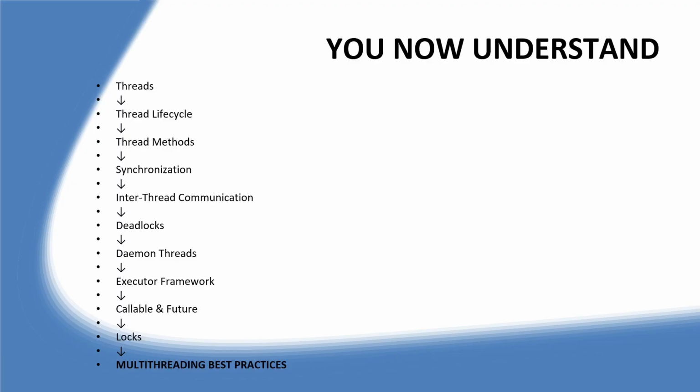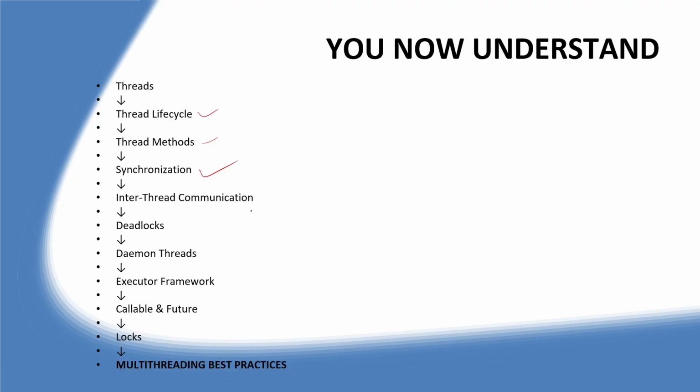We have now covered the major foundations of multi-threading in Java. We started by understanding what threads are and how to create them. Then we explored the thread life cycle and important thread methods. Then we learned how race conditions happen and how synchronization protects shared data.